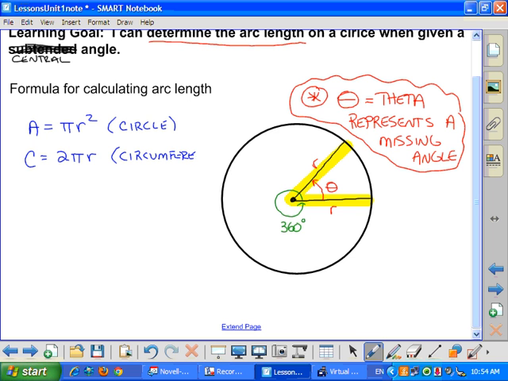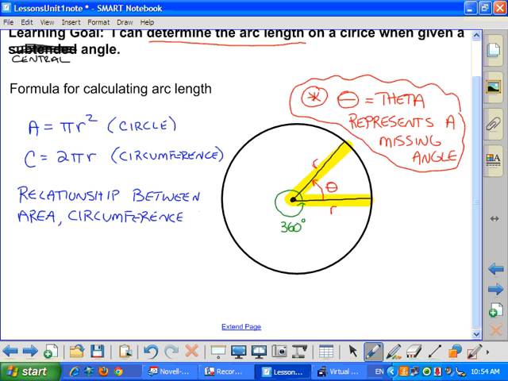I'm not going to go into all of the details with the ratio, but we are looking at a ratio, and we haven't talked about ratios, but I'll just put it's a relationship between area, circumference, and radius, and I'm just going to give you the final formula here for arc length.